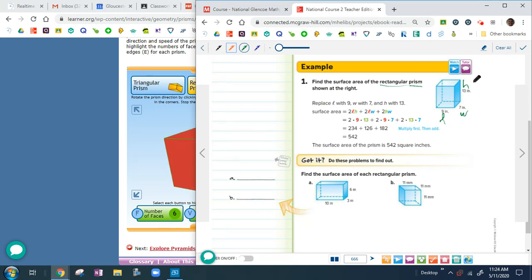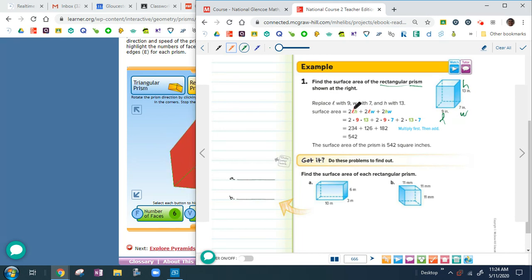Now, once you label them, it's pretty easy just to plug everything in. So wherever there's an L, you put the 9, and wherever there's an H, you're going to put a 13, where the L is 9, W is 7, H is 13.